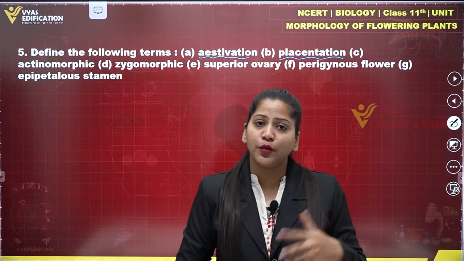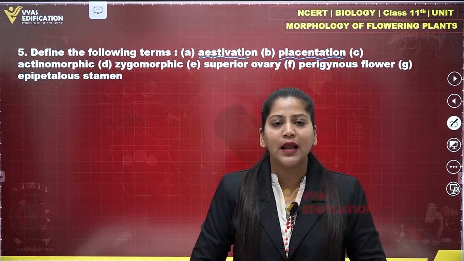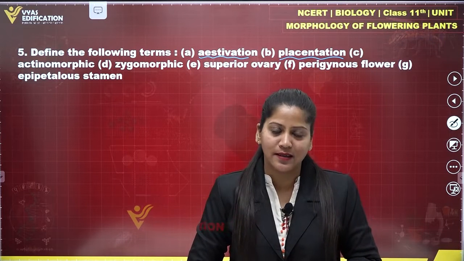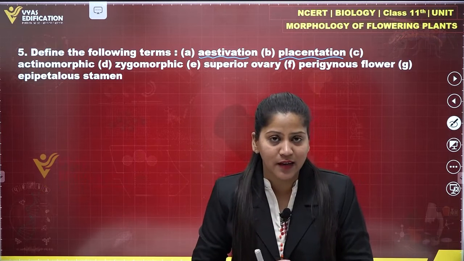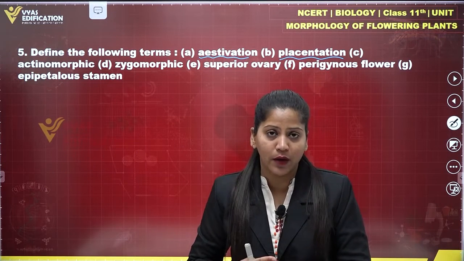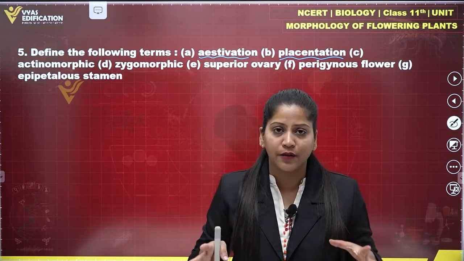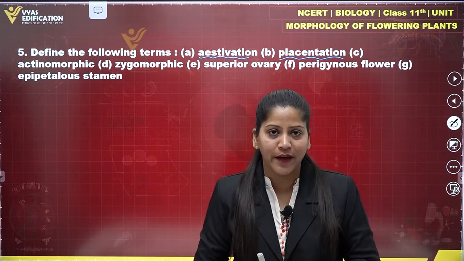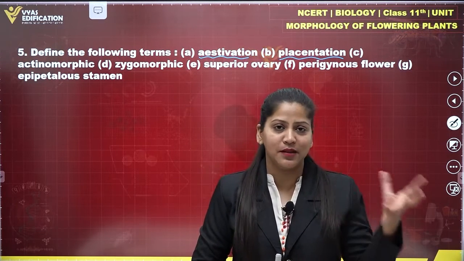Actinomorphic flowers are those flowers in which we can find radial halves when any radial plane is passing through the center of the flower. When any radial plane passes through the center, it divides the flower into radial halves. Then the flower is said to be actinomorphic, same as radial symmetry found in animals.